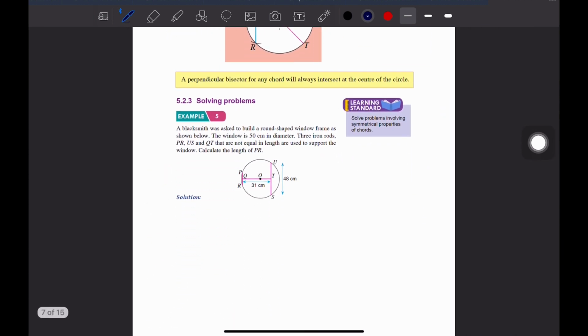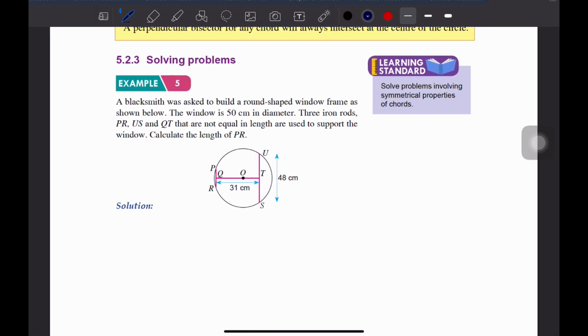Now, let's look at how to solve problems in this subtopic. A blacksmith was asked to build a round-shaped window frame as shown below.